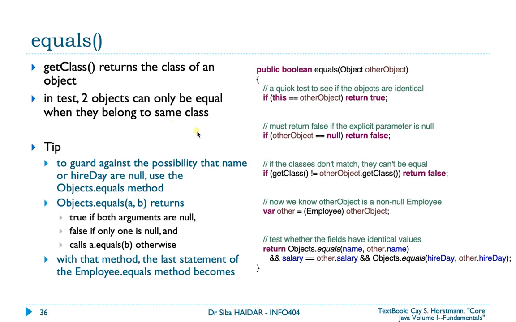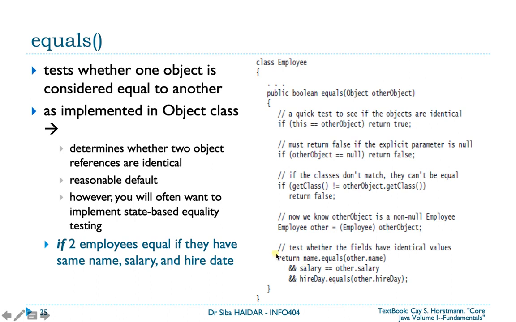Here we have a small tip which is very important in secure programming. When you call name.equals and when you call hireDay.equals, you must watch out, as seen in the previous chapter of the book, that you have to invoke equals over a non-null object. If name was null and you are calling .equals, you are invoking it over a null object, and this is very dangerous.